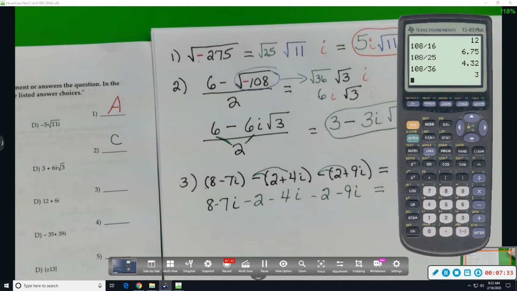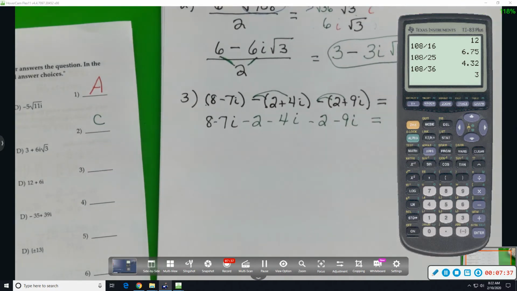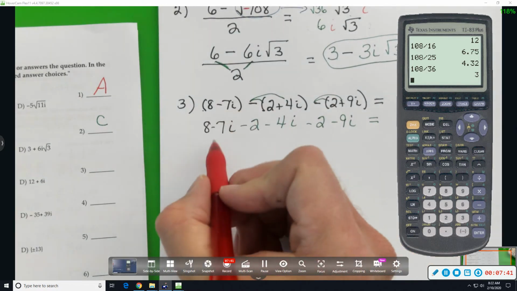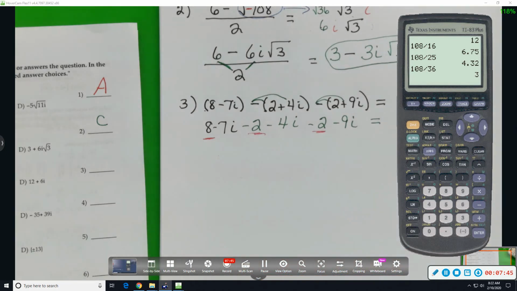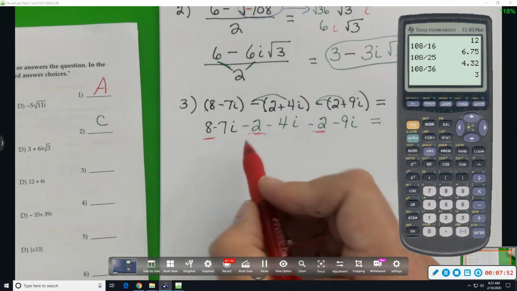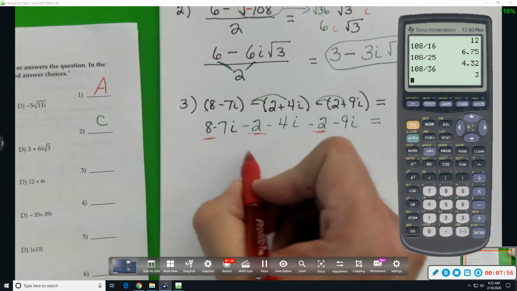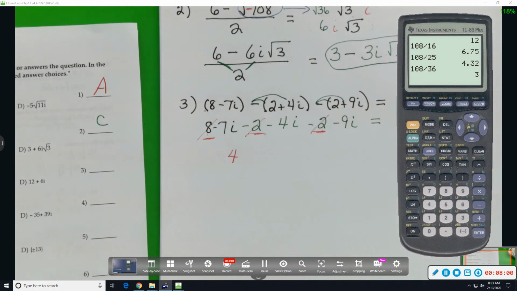And now combine the like terms. Well, the numbers that don't have an I on them, you combine those together. 8 minus 2 minus 2. That would be a 4. So 8 minus 2 minus 2 is 4.